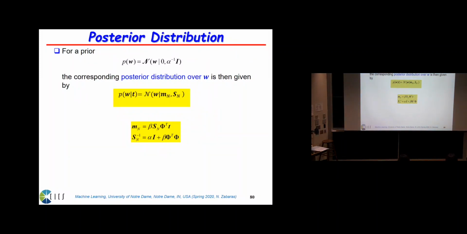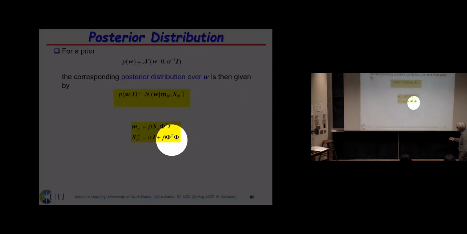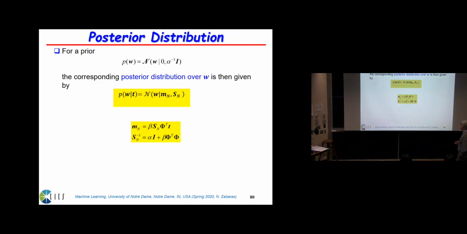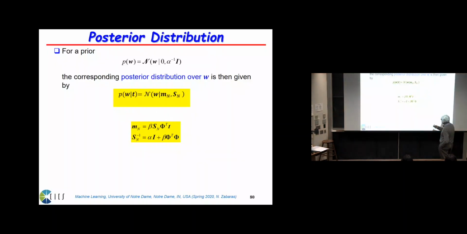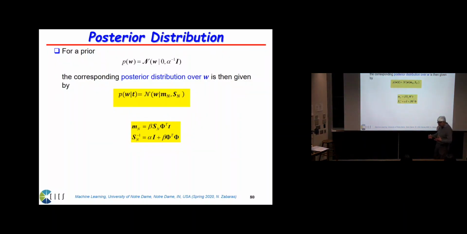You can see why the design matrix comes so naturally in this problem and every other machine learning problem, because this matrix phi summarizes all your information about your training data together with a vector capital T, which is the responses at the corresponding inputs. So phi summarizes the inputs transformed by the basis functions, and T is the responses at these input points.